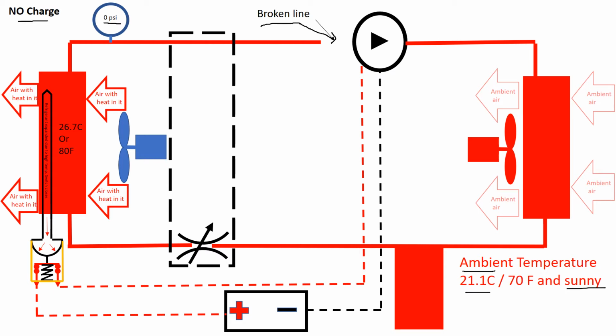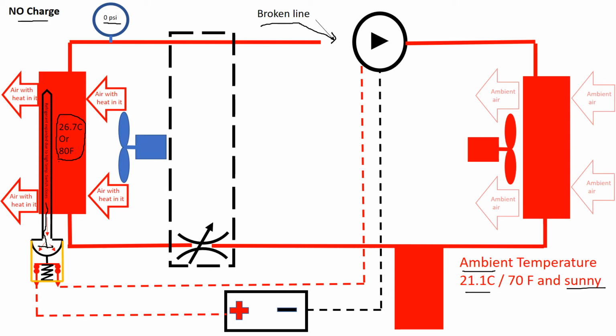If we hop in this truck and fire it up after it's been sitting in the sun for a while, the evaporator is going to be hotter than the outside temperature. So I'm going to pick about 26.7 Celsius, 80 degrees Fahrenheit. If all I have is a thermostatic switch, which is the basic switch that works with a TXV system, remember again how a thermostatic switch works, this bulb area in here is all full of refrigerant.